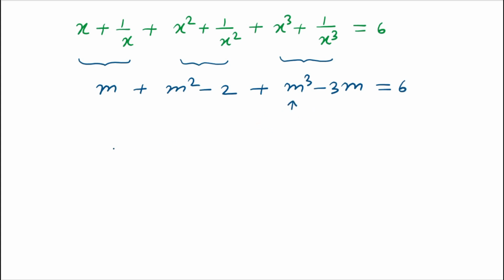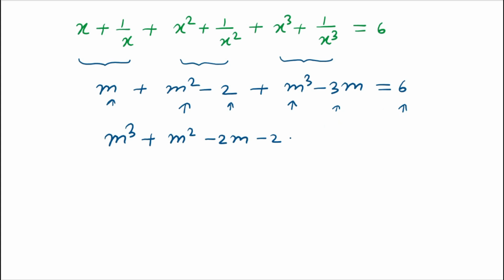Here we have m cube plus m squared. Now this is m and this is minus 3 times m. These are like terms. Now this is minus 2 times m, and here minus 2, and this plus 6.